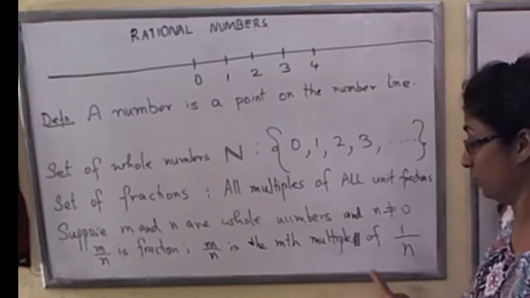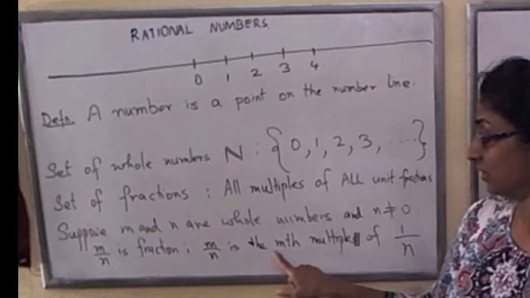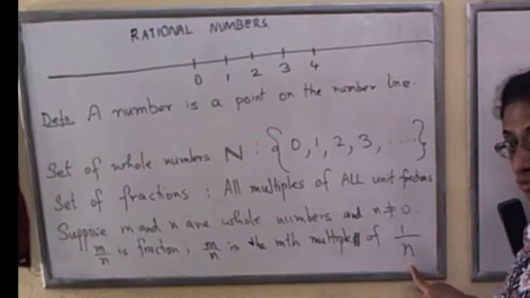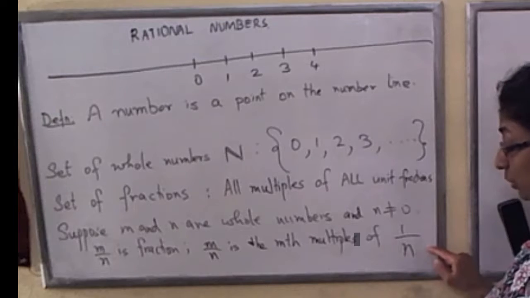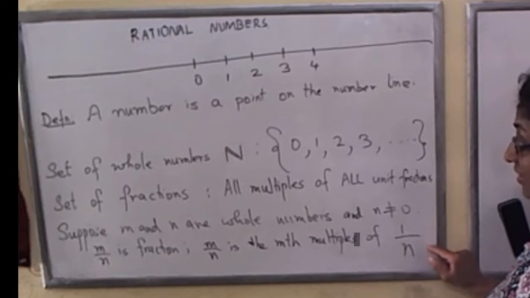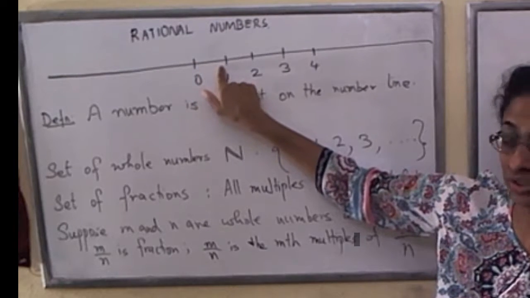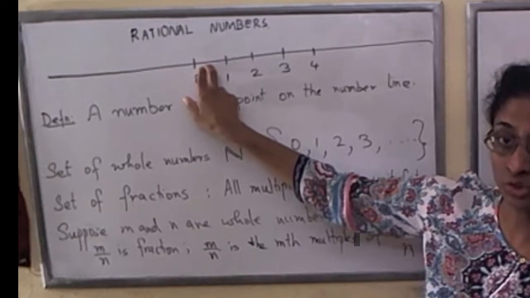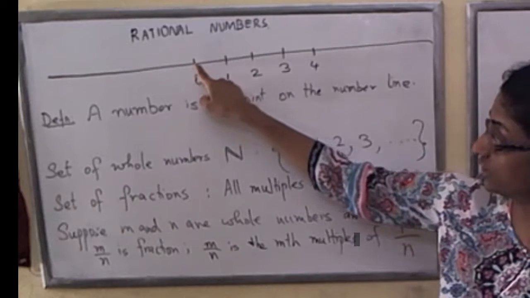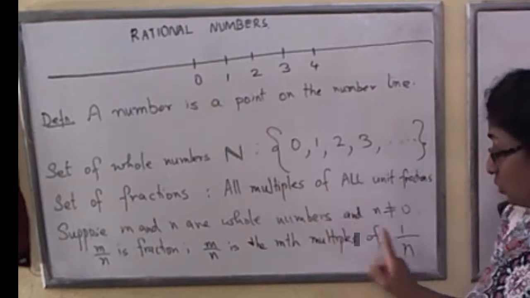And this is the language we used. We said m over n is the mth multiple of the unit fraction 1 over n. To find out which point 1 over n is, we partition the unit segment into n equal parts, and each part is of length 1 over n. The first point to the right of 0 is 1 over n.